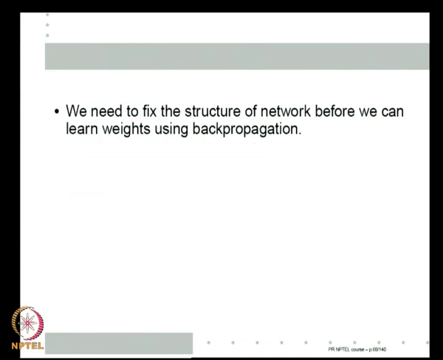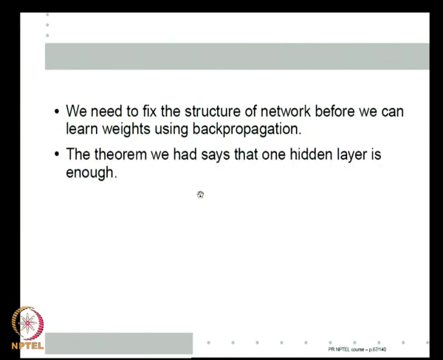First, about the structure. Before we can learn the weights, we have to fix the structure of the network. Backpropagation only learns the weights. Because we need to do the forward and backward computations, the structure of the network has to be completely fixed before I can do backpropagation. Now, we have seen a theorem that says one hidden layer is enough if you have sufficient hidden nodes.